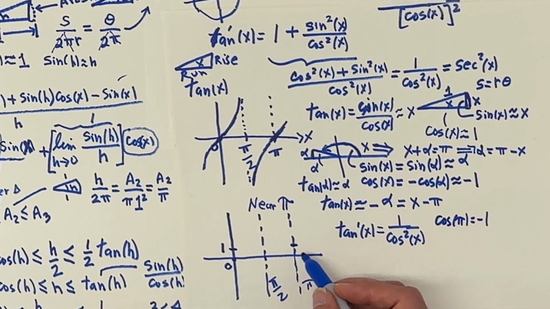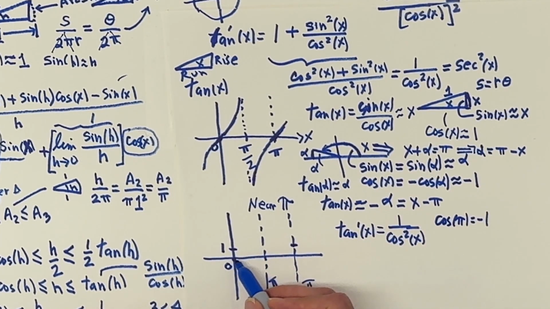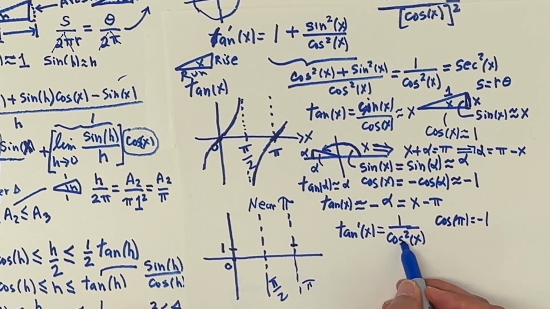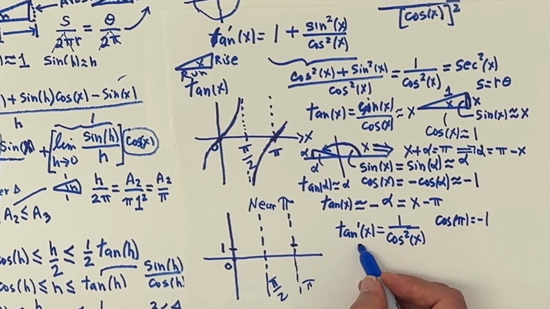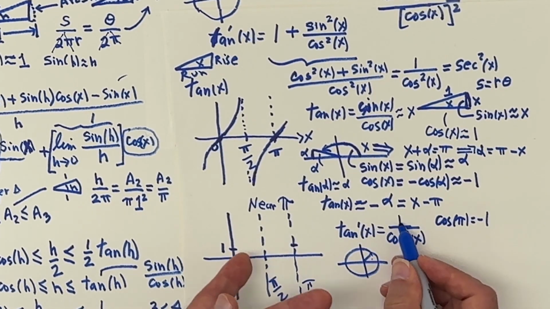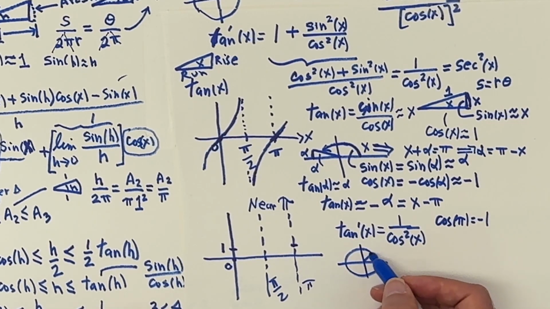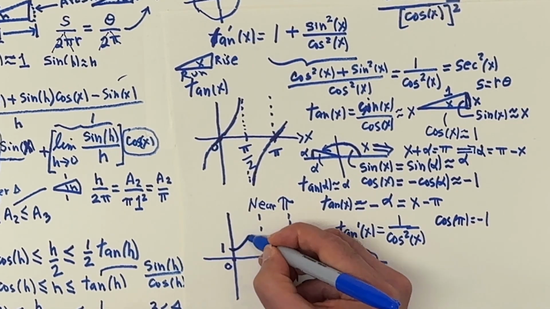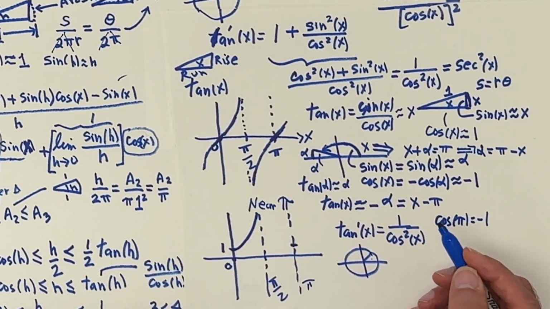Well, what happens when we have pi over 2? Remember for your cosine, as I'm going around like this up to 90 degrees, the cosine is going to 0. That means it's 1 over something really small, so that is heading up to infinity.